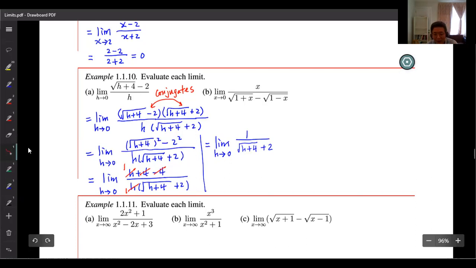In calculus, once you understand the concept, everything else is about algebra. You can see most of what we do here is algebra. Once we get here, then we can plug in, because there's no conflict. We can use those 6 basic rules. Plug in h. Yeah, that's our answer.